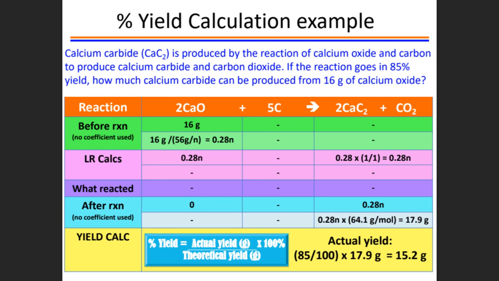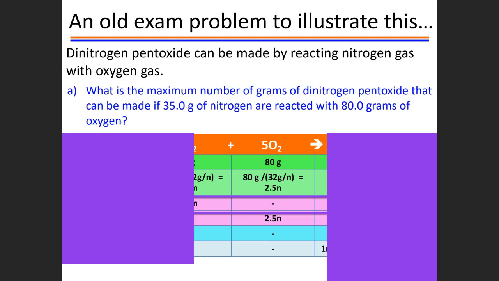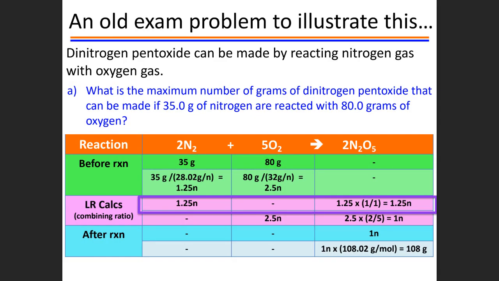So this is our theoretical yield, 17.9, and this is our actual yield, because percent yield equals actual yield divided by theoretical yield. So we can find it out like that. Okay. This is an old exam problem; maybe it came in the previous year's exam.